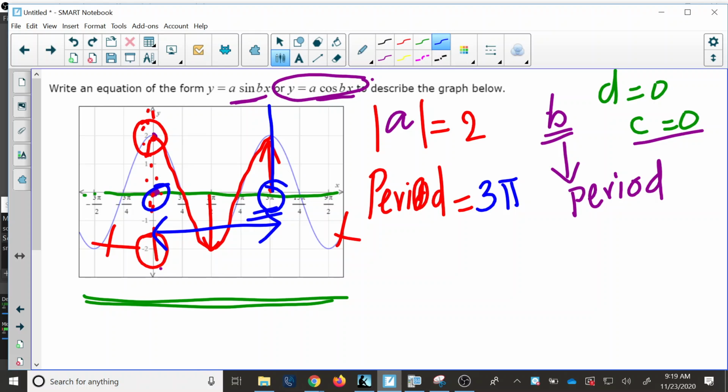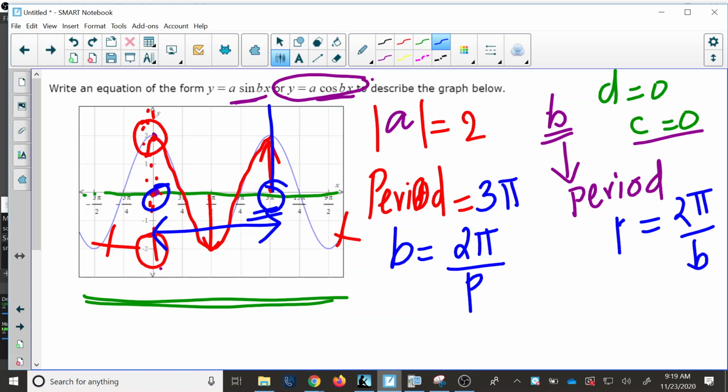Now from this, I can find the value of b. B is going to be 2 pi over period. Remember the formula: period equals 2 pi over b. I'm just rearranging the same formula to get b. So 2 pi over 3 pi: the pi and pi cancel out, so the answer is 2/3.